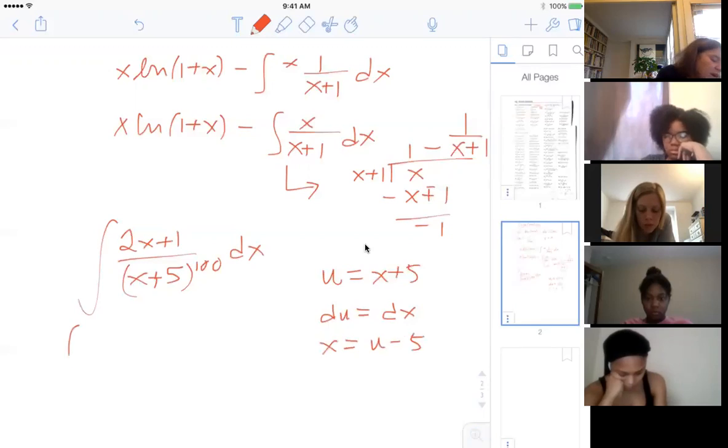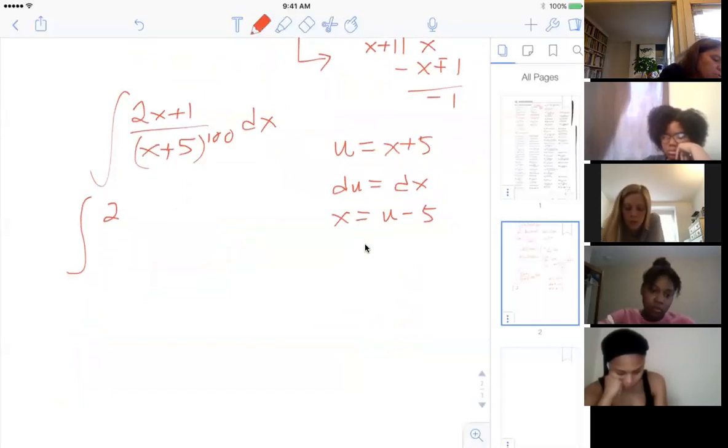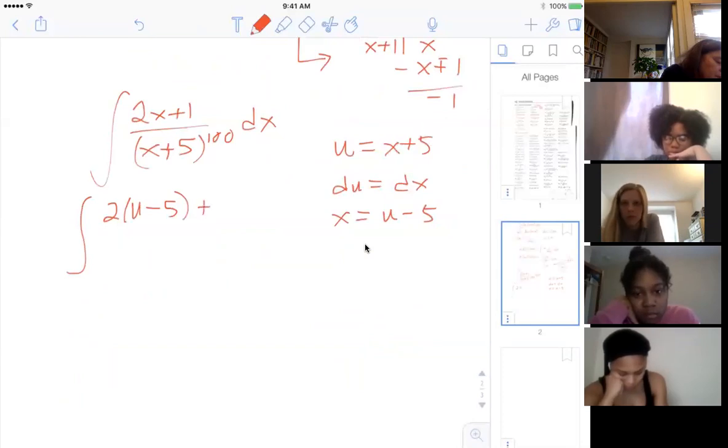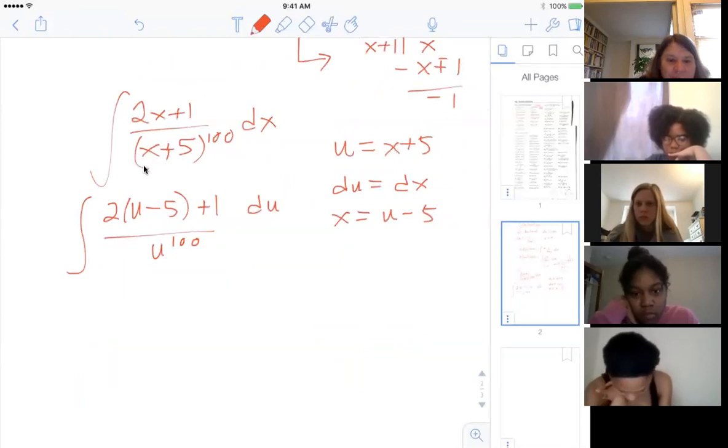So now it looks like 2 times (u minus 5) plus 1, dx was du, over u to the 100th. What I did was make that binomial to a power into a monomial because I saw I could get a handle on x.